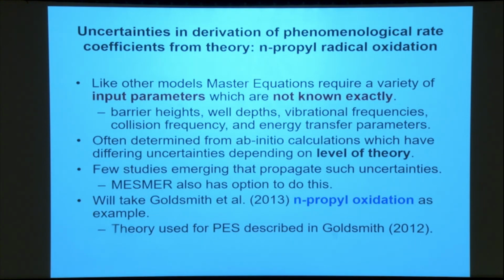There are some emerging studies, I would say, that have basically propagated these to give us an understanding of which of these parameters are going to have the largest effect on our predictive rate constants. This could be tens of parameters going into our model, or maybe even hundreds. But like with most systems, there's not going to be a huge sensitivity to all of them.